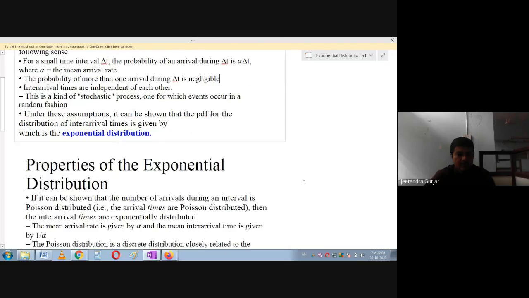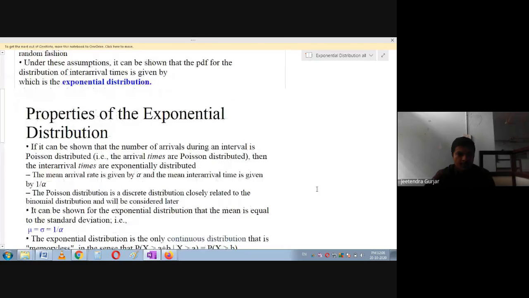If you see the properties of the exponential distribution, the number of arrivals during an interval is Poisson distributed. That is discrete. But the inter-arrival times are exponentially distributed. That is the reverse, and it is continuous, students.